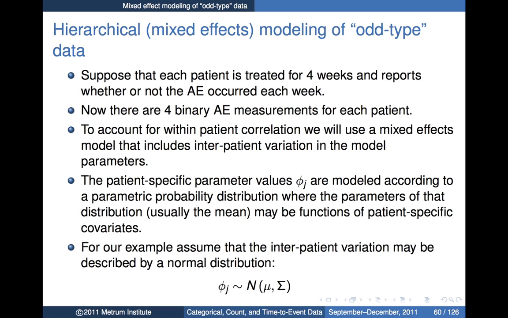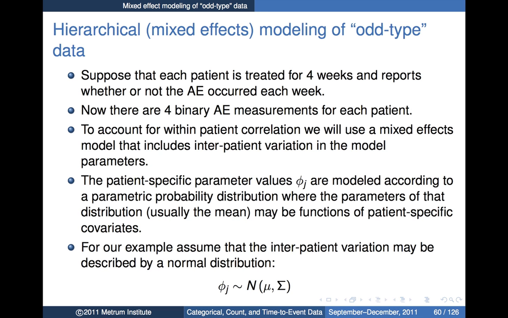So let's start with a context where it makes sense. So suppose that each patient is treated for 4 weeks and reports whether or not an adverse event occurred during each week. And in fact, the context here is we're going to look at adverse events, but we're not just going to look at whether or not an adverse event occurred in a patient over the entire study.